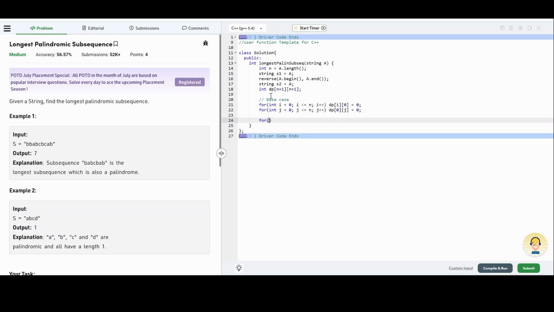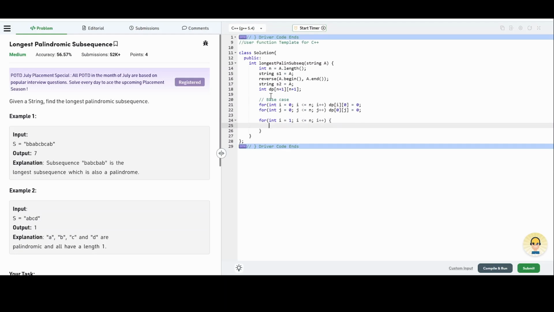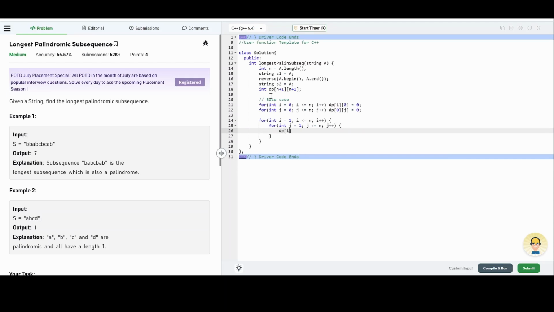And then let's loop. So when the last characters are same, then it will be 1 plus DP of i minus 1, j minus 1.